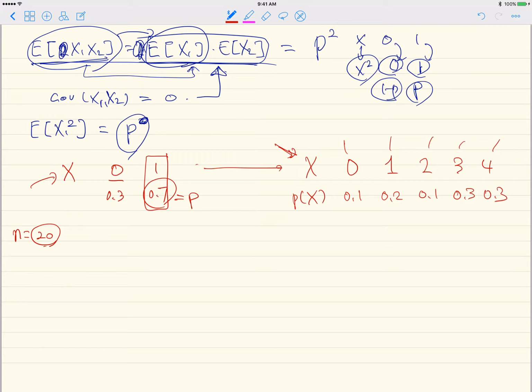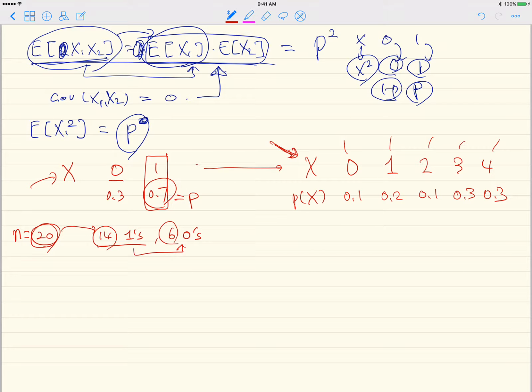If we had 14 ones, it means we have 6 zeros out of 20. So we fixed this 20, and we see 14 ones and 6 zeros.